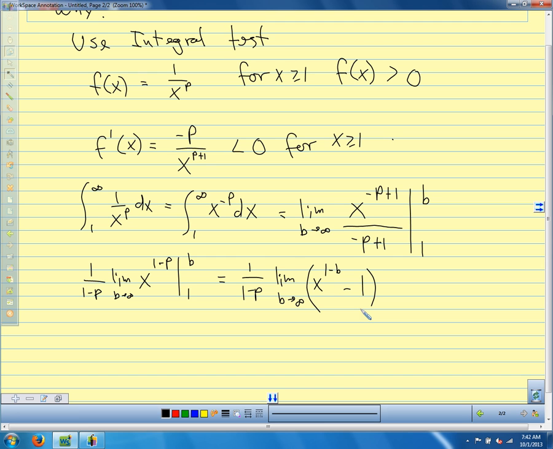So when is this going to converge? Wouldn't it be b to the minus p? Isn't x variable? Yes, you're right, it should be p here. Thank you.